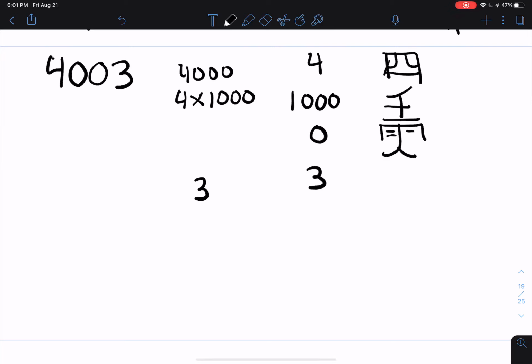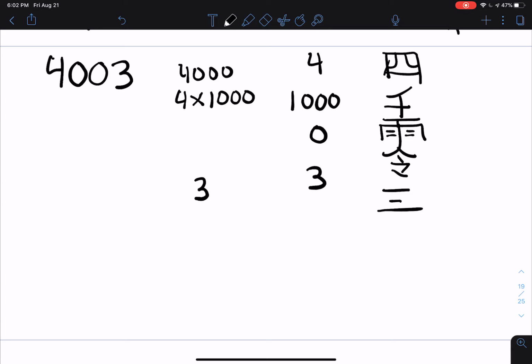I'm sure I am drawing this incorrectly as far as order, etc. Students over there do a whole bunch of lessons on their calligraphy, and it takes them like a lifetime to master it. And then you have your 3. All right, so sorry, apologize to anybody who is proficient in Chinese. I know I butchered that, but you get the idea. So we did a 4 and a 1000 for 4000. We did a 0 in there just to show that there's zeros in the middle, and then we put a 3 at the bottom. And there you go. There's your Chinese.